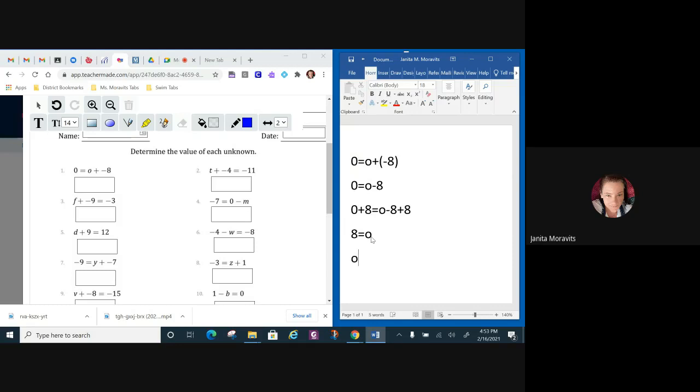And mine just capitalizes it, so I have to go back and do it. So over here, you're going to type in O equals 8. And keep in mind, you've got to type an O, not a 0.